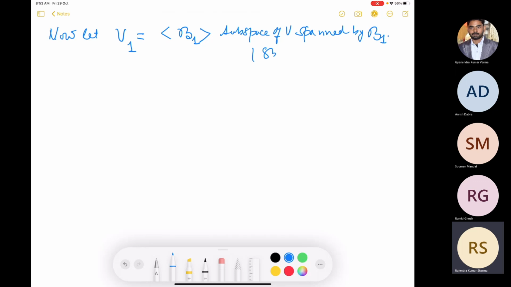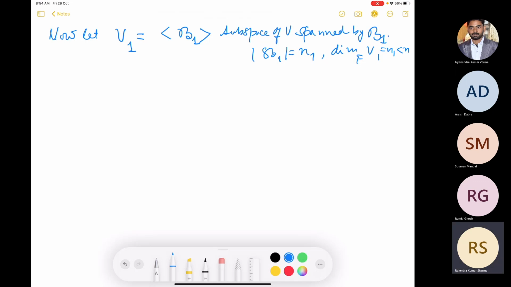You can see that the number of elements in B1 is n1: v, vt, vt square, up to vt^(n1-1). So the dimension of this V1 over F is n1, and this is definitely less than n, and it's finite. The subspace is T invariant.